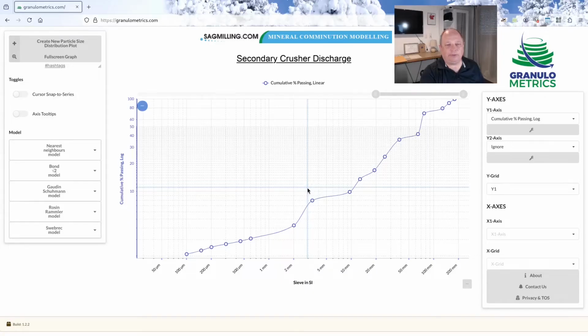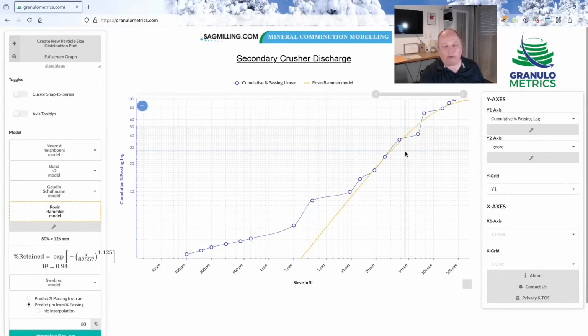So here's a particle size distribution for a secondary crusher product. And you can see it's a pretty noisy looking data set. So a reasonable question to ask is how reliable is this point, which is what really drives the 80% passing size? We can look at some models that describe particle size distributions and fit them using the granulometric software.